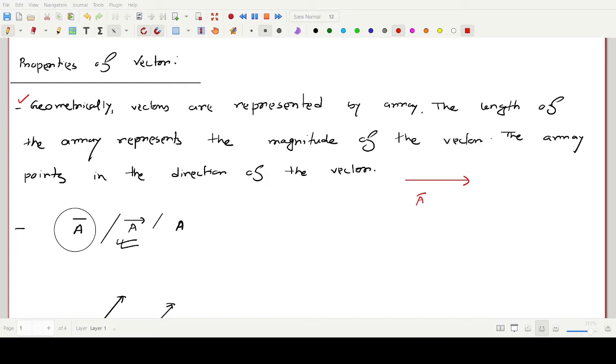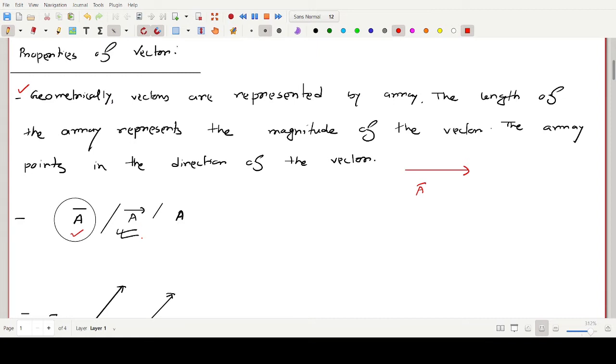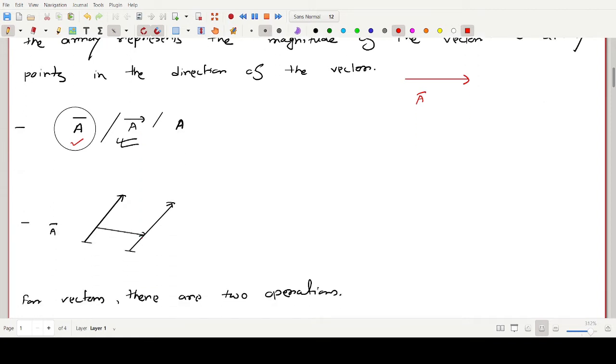Now how can we write a vector? Three ways are used: a with a bar, a with an arrow over it, and bold a, if the vector is a. I always write this one. Some people write these others also, but I think they are a bit harder to write.